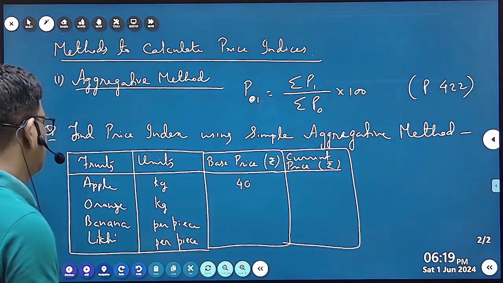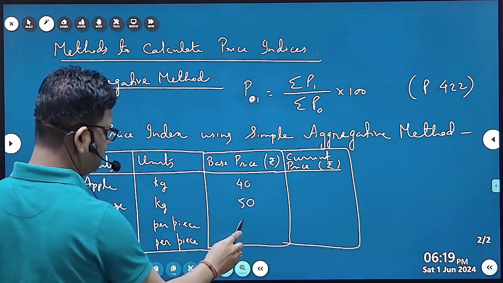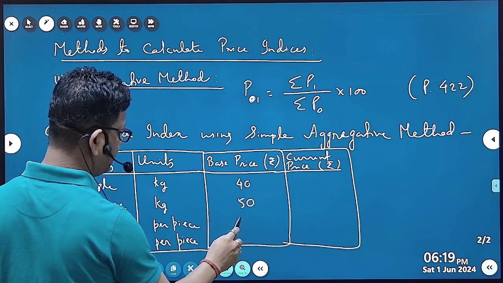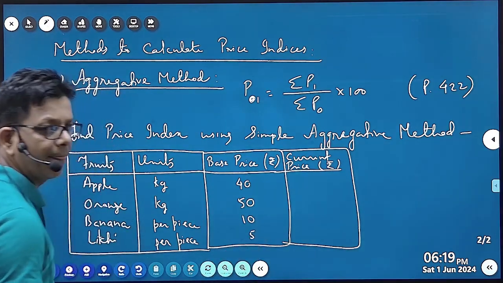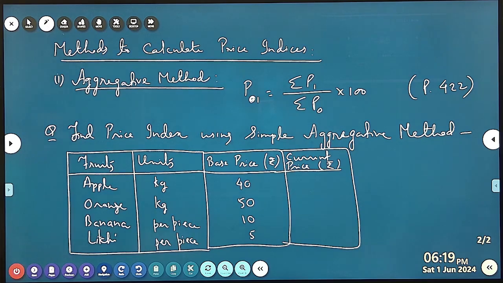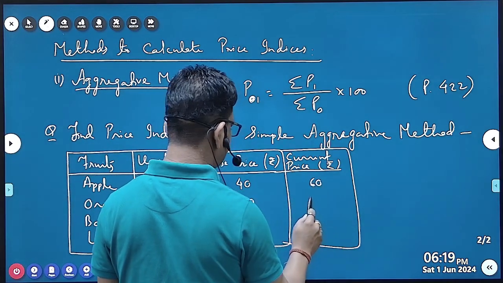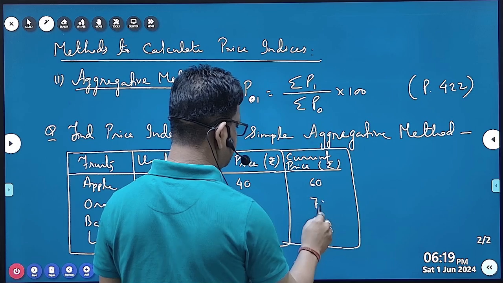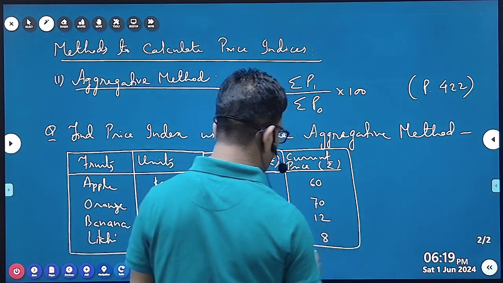Done? So this is suppose 50 rupees. Now, suppose this is per piece 10 rupees. Lychee suppose 5 rupees. Now here the current price. Suppose this is 60 now. This is suppose 70, for example. This is suppose 12 and this is suppose 8.